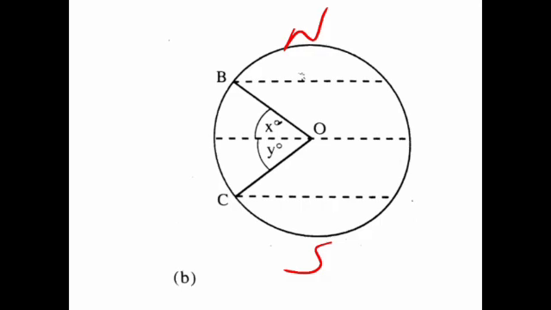So the latitude where point B is lying is going to be defined by the angle x degrees. And the latitude where C is lying is going to be defined by the angle y degrees. Let's take a good example. Let's say x is equal to 25 degrees.